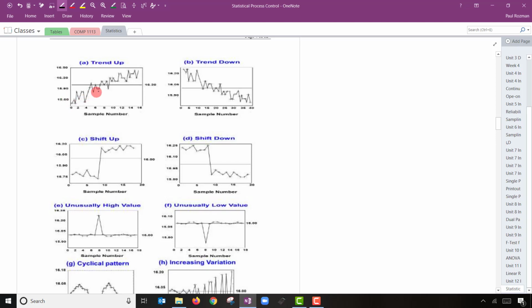Trending up means that something is not running the way you expect it to. The bags are getting more and more full over time. Maybe the hopper that pours the cement into the bags is spring loaded, and over time that spring is wearing out. And then we could identify, oh, there's a problem with the spring.